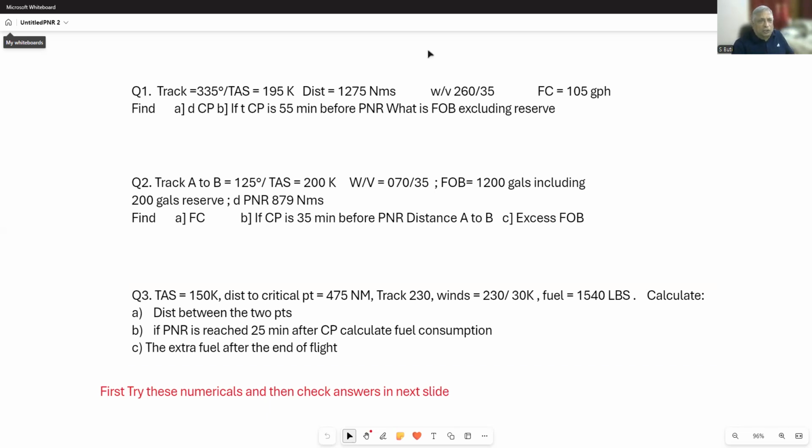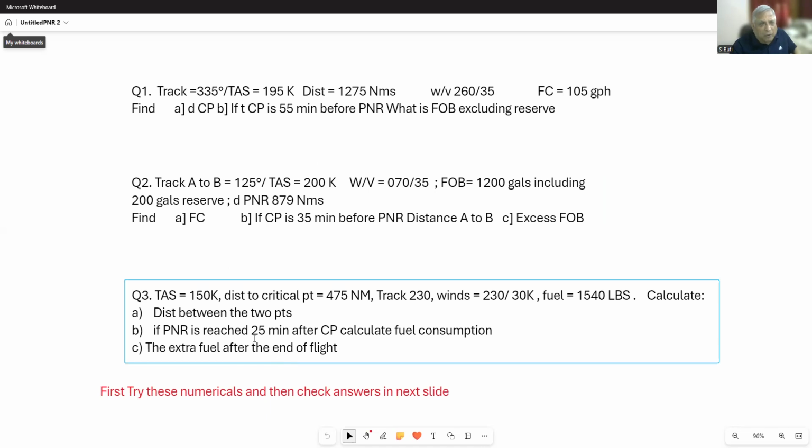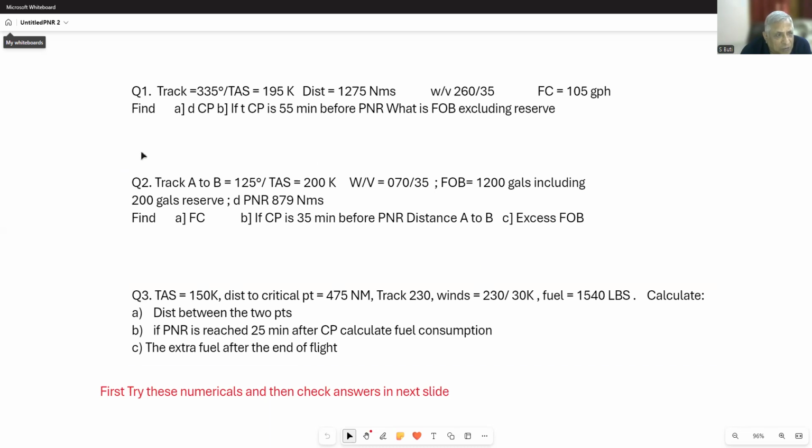And first do these 3 numericals. In these numericals, you will be using the PNR formula for endurance. If the distance is given to you, then use DPNR formula to find out endurance.